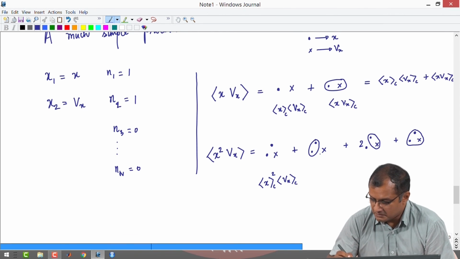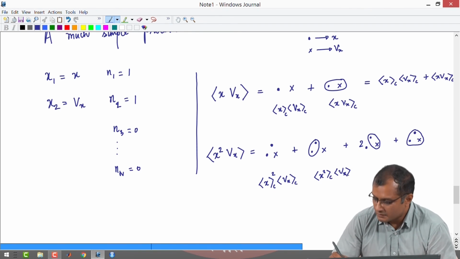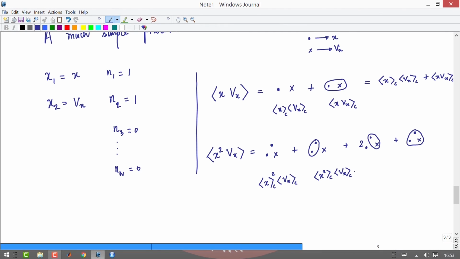Then we have connected dots, so we will take the second cumulant of x into the moment of velocity, but then the moment is also a cumulant.